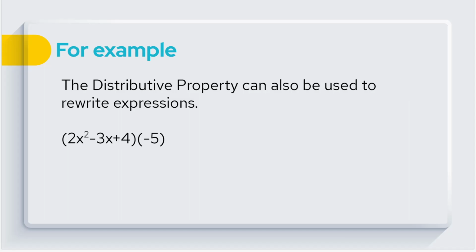I'm often wrong on these things, and I don't have any students here to tell me when I'm doing something wrong. The distributive property can also be used to rewrite expressions. So here we just have an expression with a grouping, and then it's being multiplied by -5. So we can just distribute this -5 to all of these terms inside of this grouping. -5 times 2x squared is -10x squared. -5 times -3x is going to be a positive 15x.